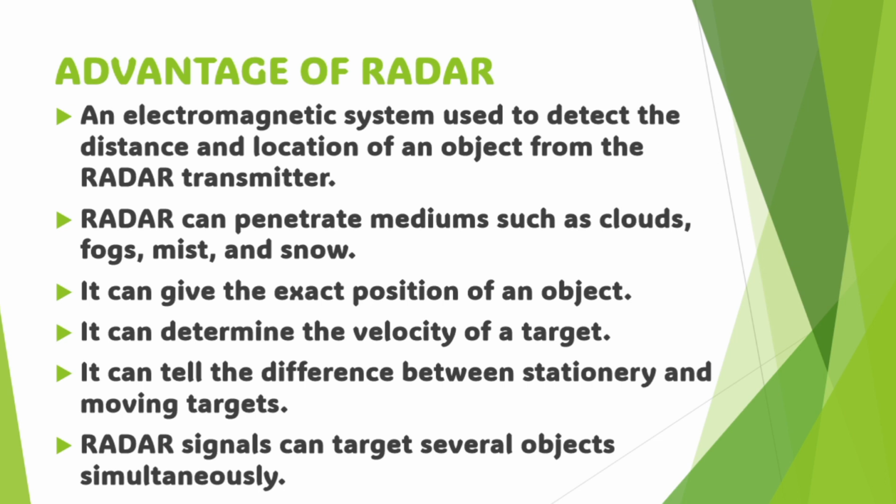It can give the exact position of the object and can also determine the velocity of the target. It can differentiate between a stationary object and moving targets. Radar signals can target several objects simultaneously. So these are some basic advantages of the radar system.